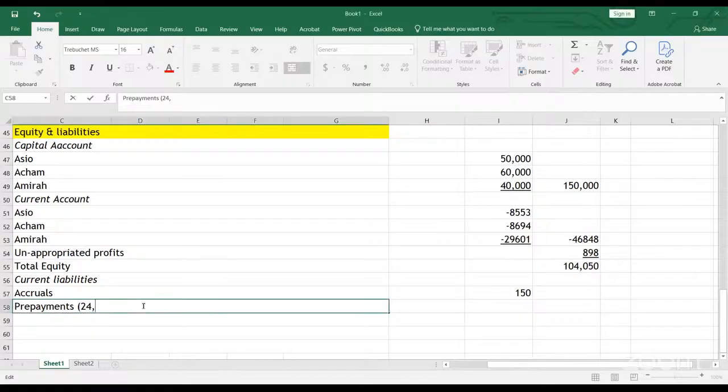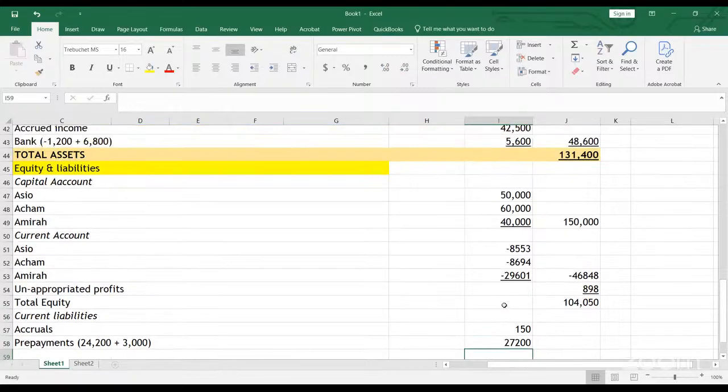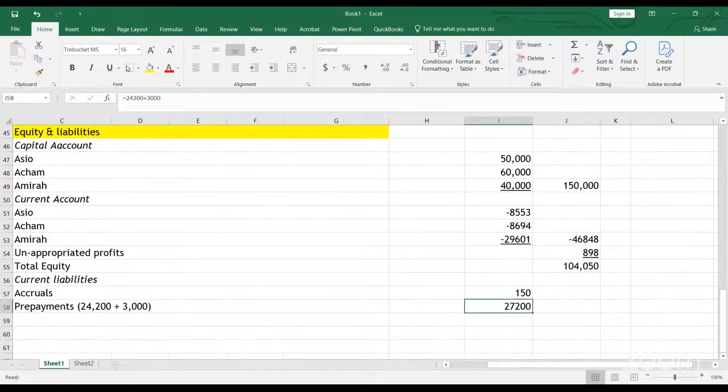Current liability. So 24,200. Then there is some consultation fees that was received, but belonging to the future. It belongs to the future. So that one should appear under the current liability. So I'll just add the 3,000 here. Our prepaid incomes will be the 24,200 plus the 3,000.